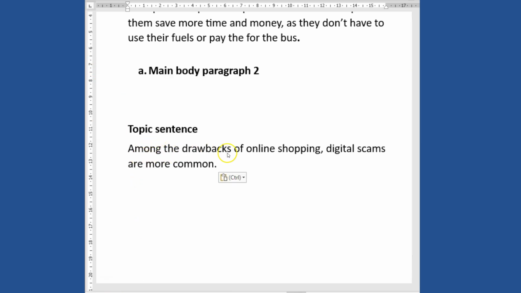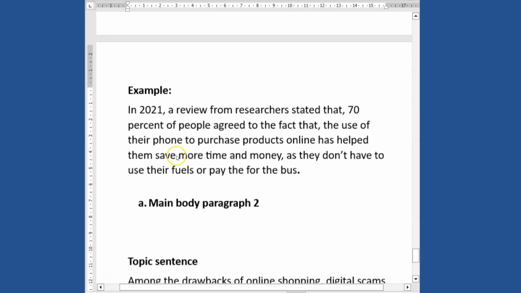So among the drawbacks of shopping online, digital scams are more common. So I started to open up my paragraph with this disadvantage sentence or this topic sentence. Among the drawbacks of online shopping, digital scams are more common. So that is the one that stands out when it comes to the disadvantages.